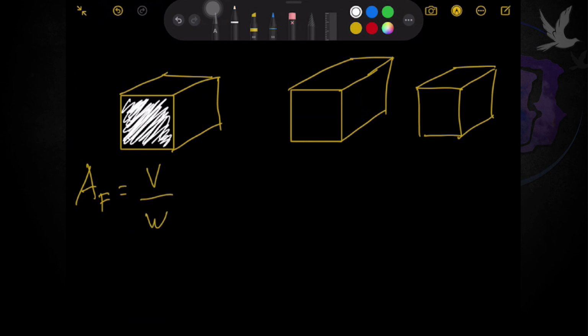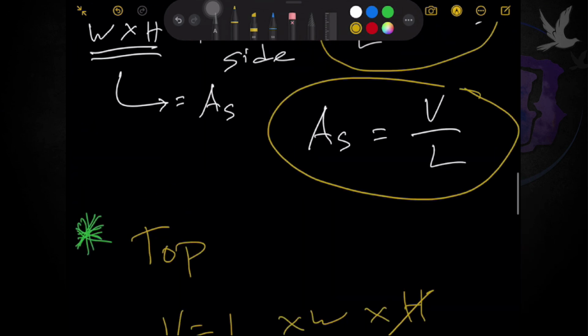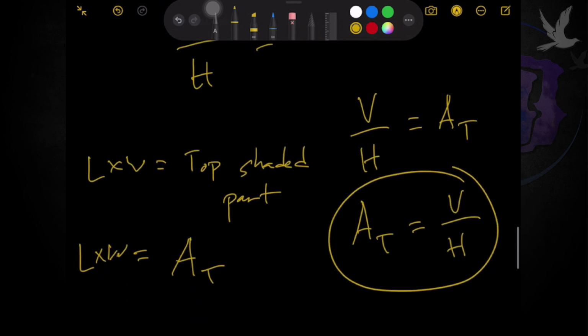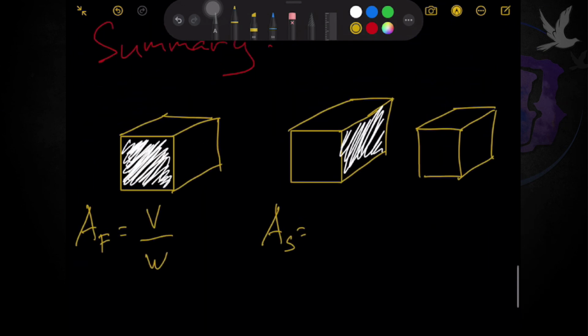If you're solving for sa side, so area side is equivalent to, hanapin natin ang area side natin. Again, ganito lang kadali yan ha. Sinasummarize ko na lang para sa inyo. Is volume over length.